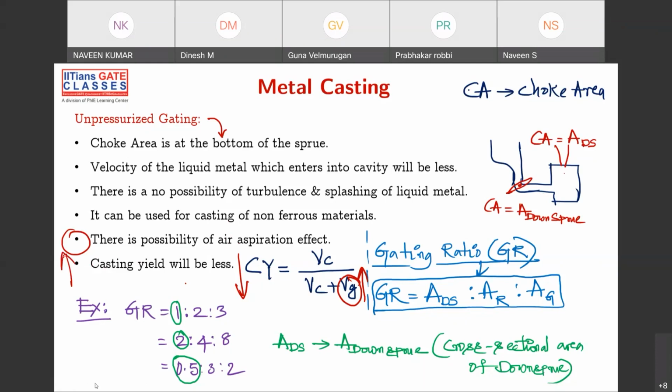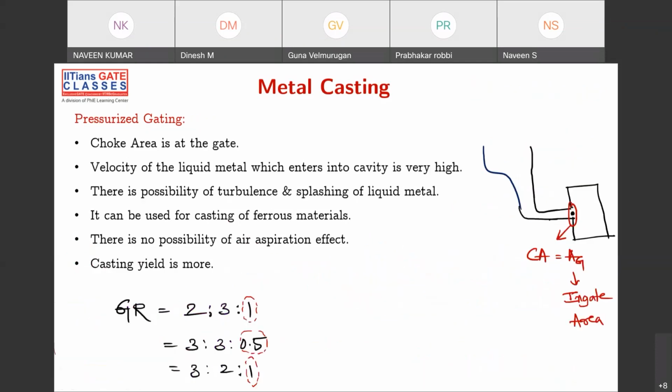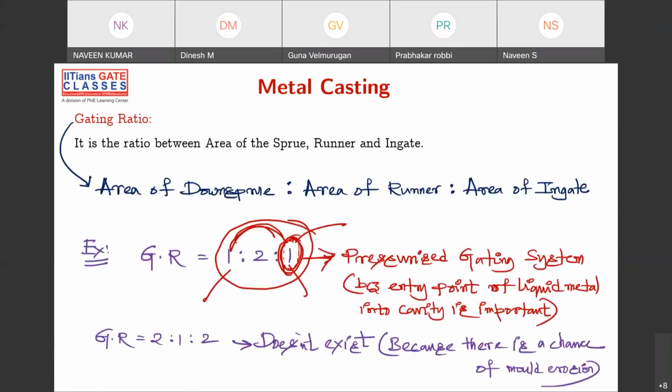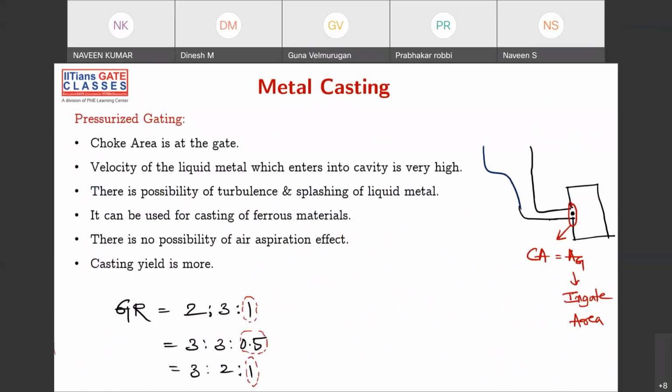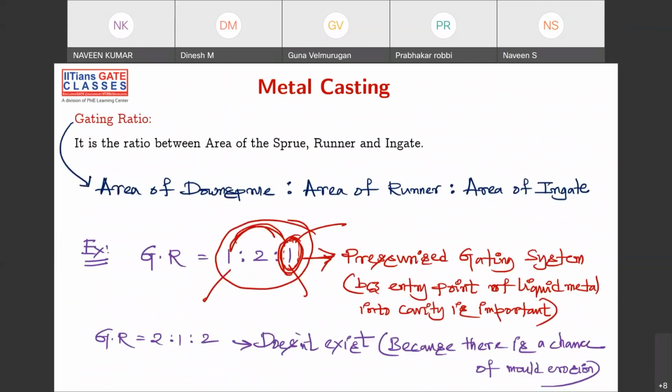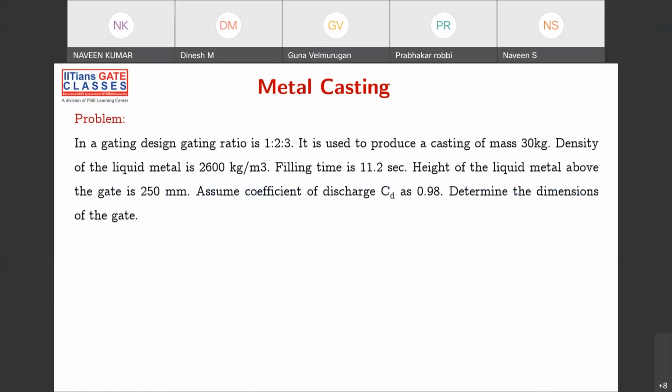That is the reason why the casting yield is less in this case, and obviously it is reverse in this case. Is it okay? Frankly speaking, the answer I told is not an exact answer. To be frank, I am also not sure. Let me check and come back to you tomorrow. I'll let you know what the answer is.